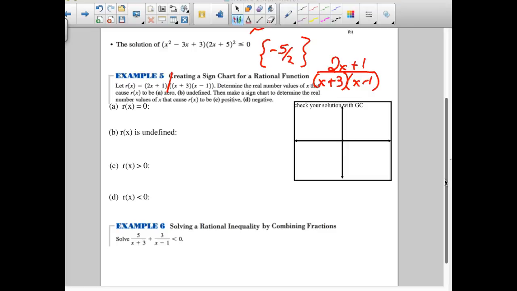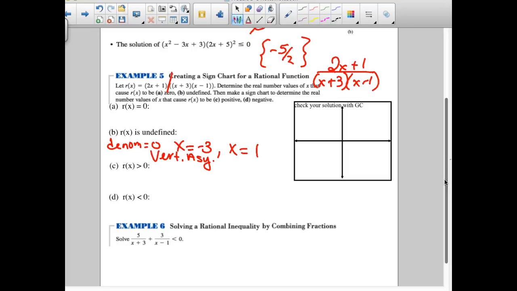So where do we find the vertical asymptotes? Zeros of the denominator. So we are undefined. I'll go back to part A in a sec. We are undefined where the denominator equals 0. So in this example, that would be at, okay, so those are vertical asymptotes.